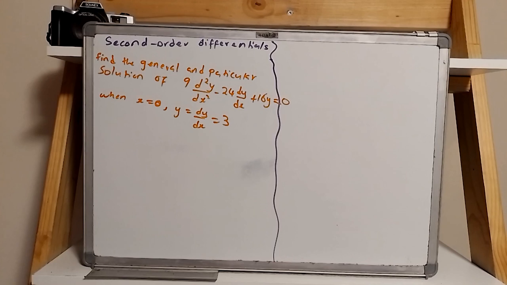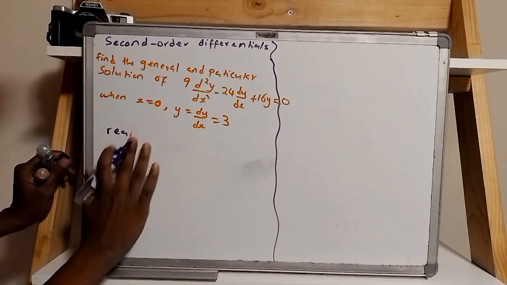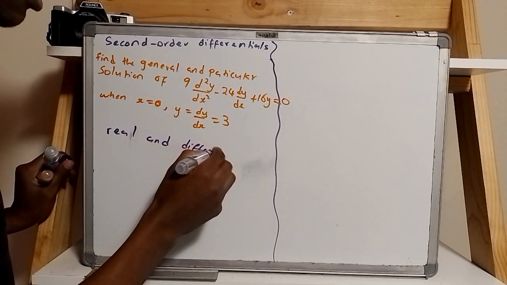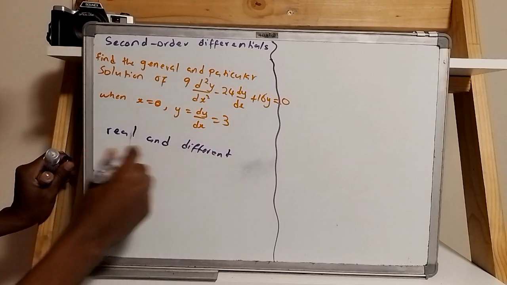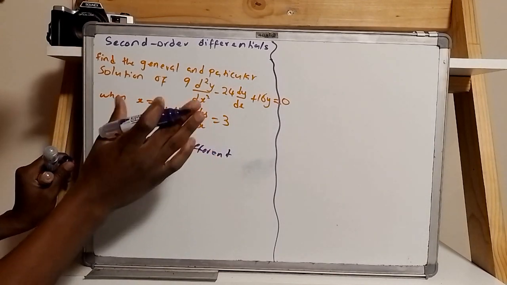Second order differential equations. In the previous video, we introduced second order differential equations. We also did a question where we are dealing with real and different, or real and distinct values.